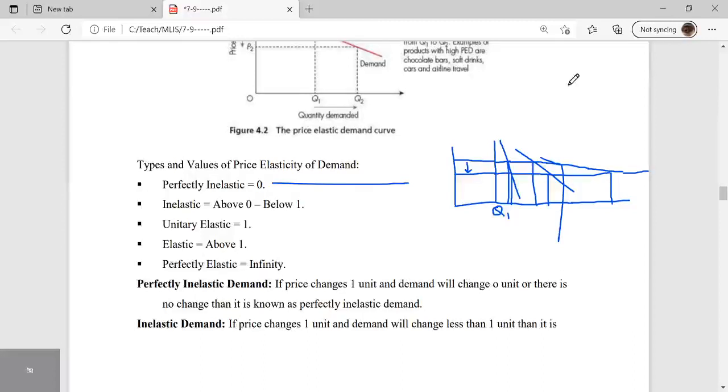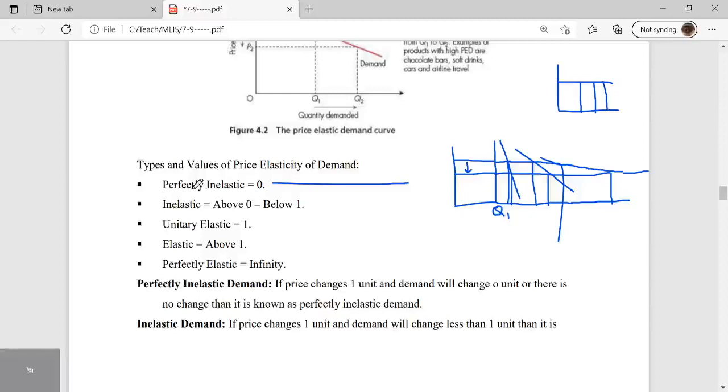So let's draw it here. A horizontal line will be like this. There will be unlimited response. The quantity can be anywhere. Now for a change in price, it can be anywhere. Okay, so that's the different kind of graph.